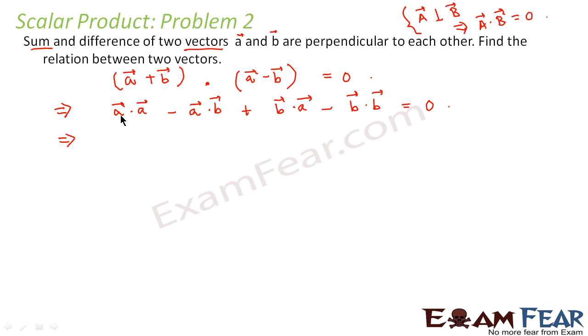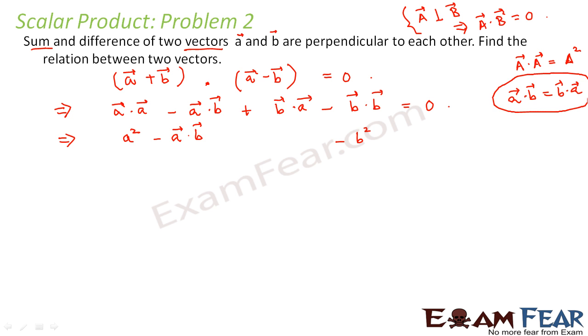Now what will be A dot A? We also studied this before, that a scalar product of any vector A with itself is equal to the square of the magnitude of the vector. That means A dot A will be A square. Similarly, B dot B will be B square. Now, what about A dot B? Let us keep it as A dot B. Now, according to commutative law, A dot B is equal to B dot A. Right?